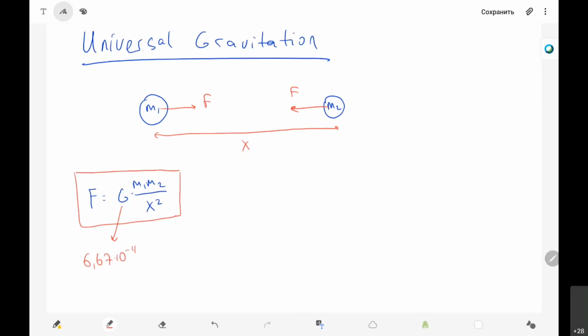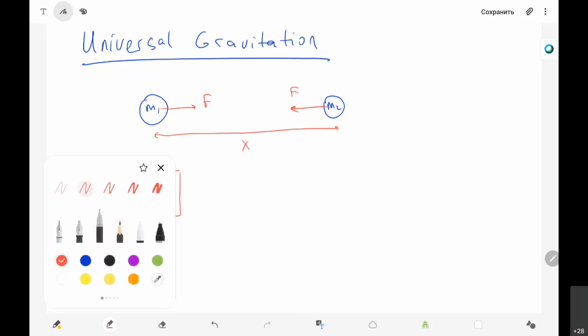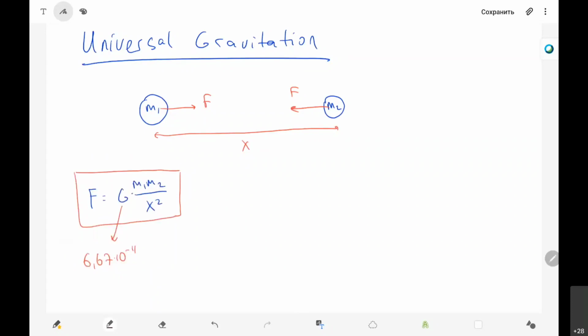But in real life on this earth, why we don't feel this force? Let's prove why we don't feel this force. So let me find this universal gravitational force between me and the table, which is approximately 1 meter away from me.